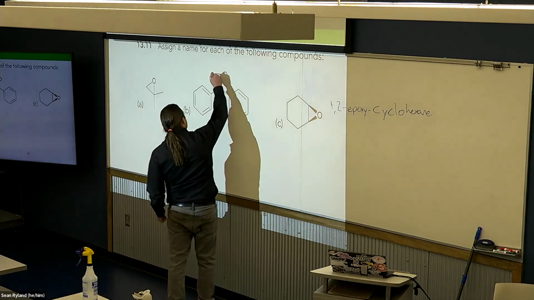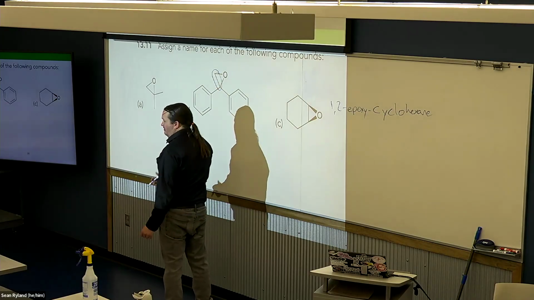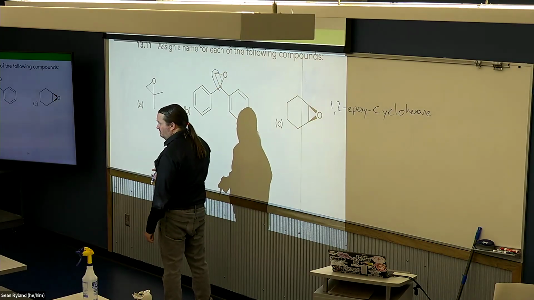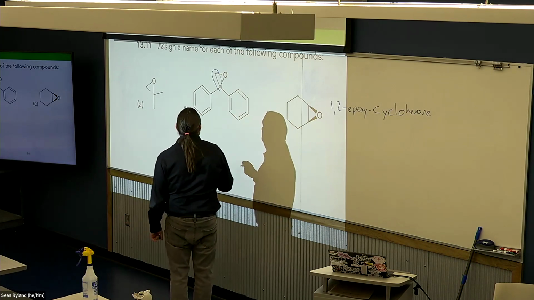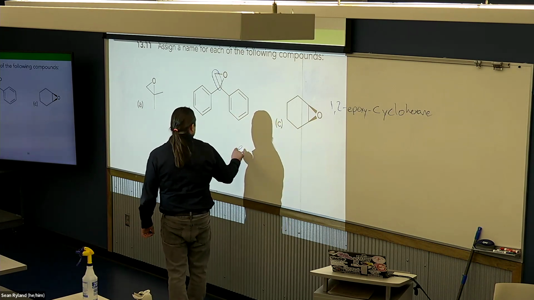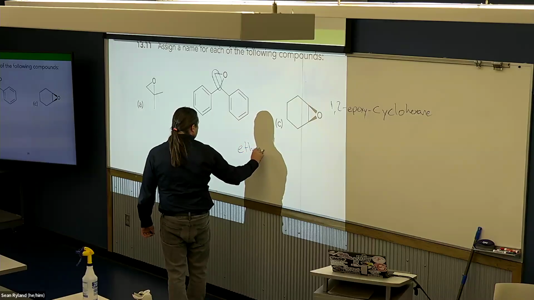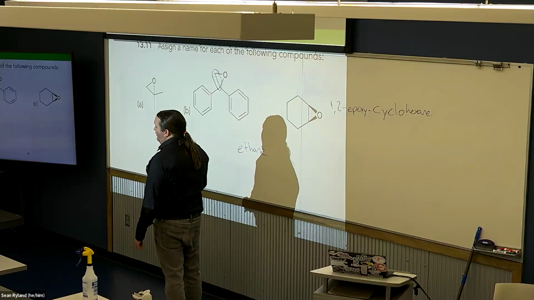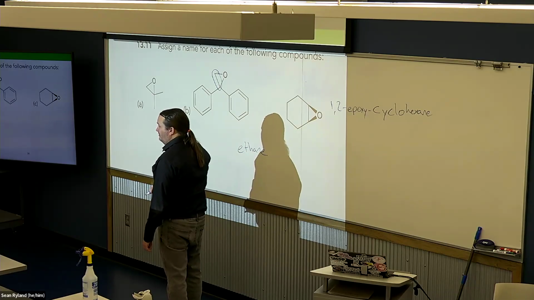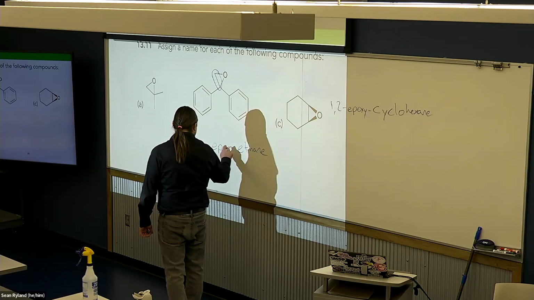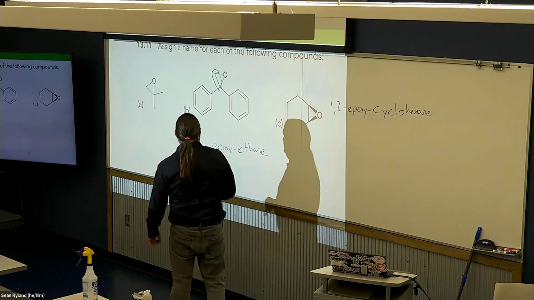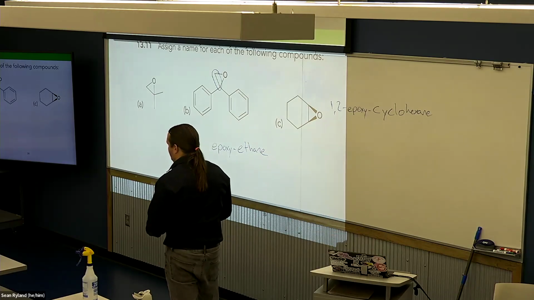So our longest continuous carbon chain that has the epoxy is just two. Now, we really don't need the numbers for the epoxy, because there's really only two carbons. So it's gonna be epoxy ethane.